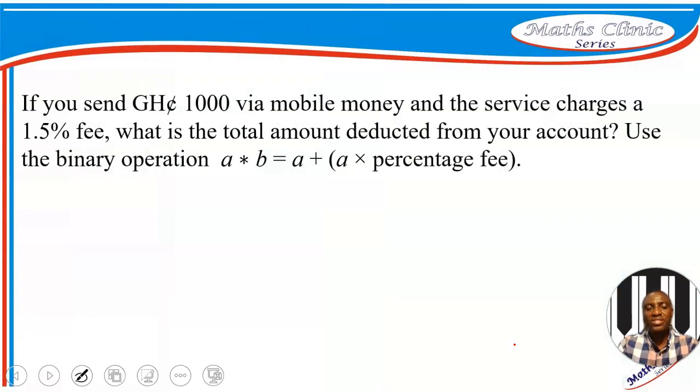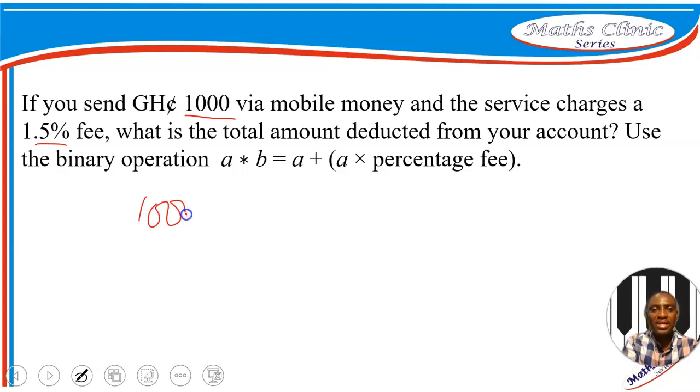Say if you send, let's say, 1,000 Ghana cedi via Momo, and the service charge is, let's say, a 1.5% fee. Now you realize that if you want to know the total amount deduction that will be taken from your money, let's say you have 1,005 in your account, your Momo wallet, and you want to send 1,000 cedis to someone, and the fee they will charge you is 1.5, then it's going to work like this.